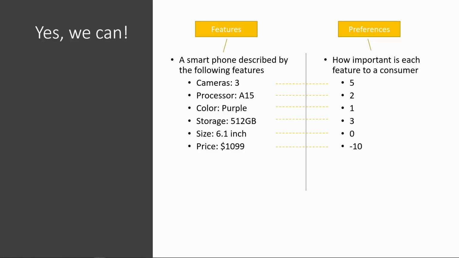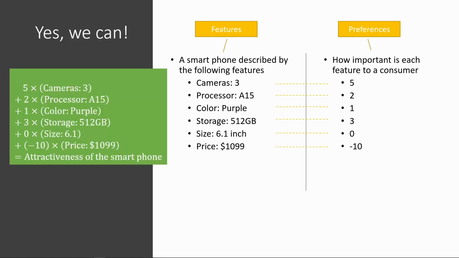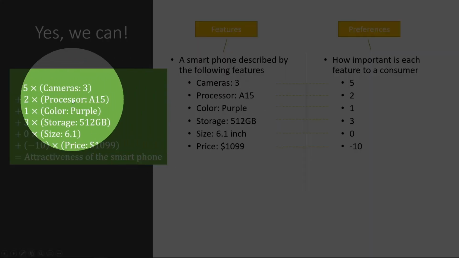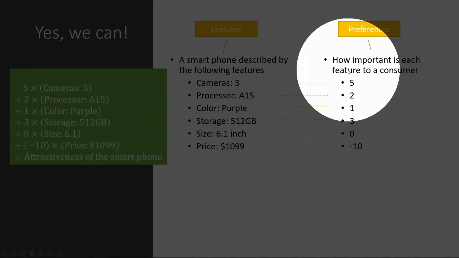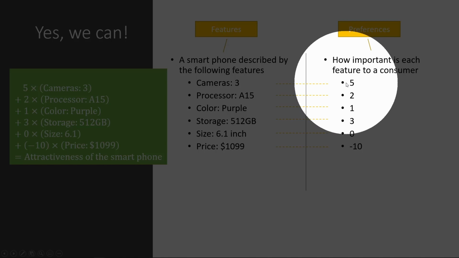Now we know the features, we know the preferences, we can actually figure out how attractive a product like this is to the consumer by doing some simple algebraic calculations. So here we have 5, that is the preference for cameras at the level of 3.